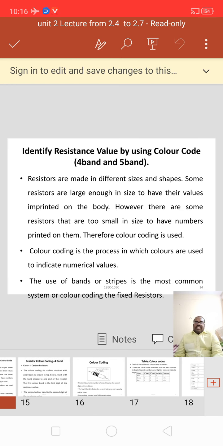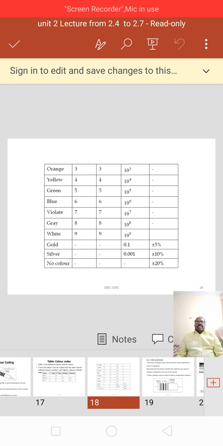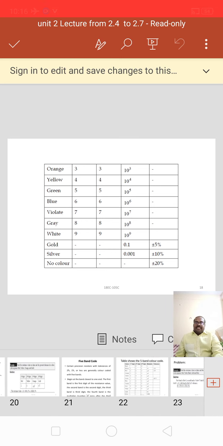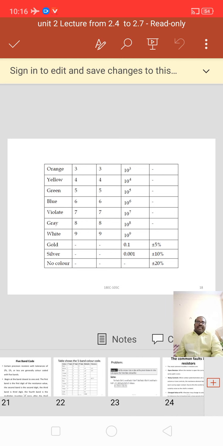Next, identification is very simple, with the help of the color code mnemonic, we can easily identify the resistance value of the given resistor using the 5 band and 4 band techniques.